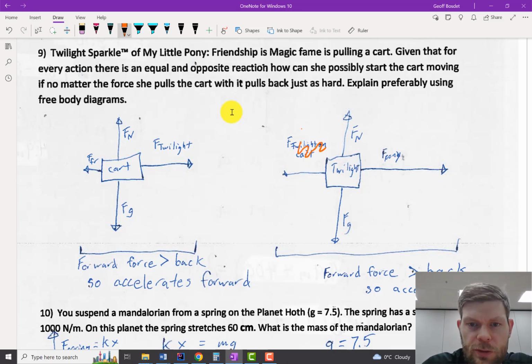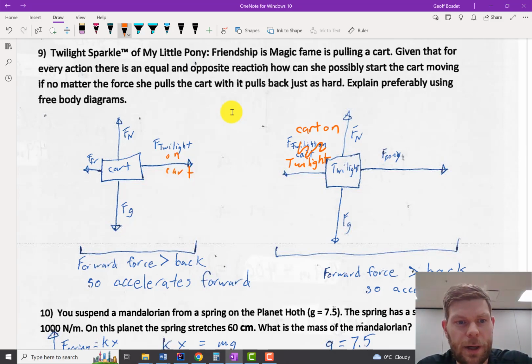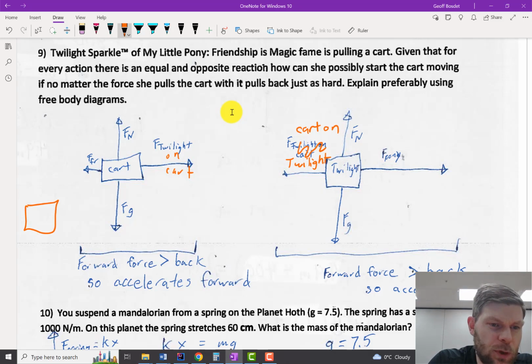So force of the cart on Twilight equals force of Twilight on the cart. Since these two forces have to be equal, the way it's worded, you're supposed to think they're on the same object, but they totally are not.